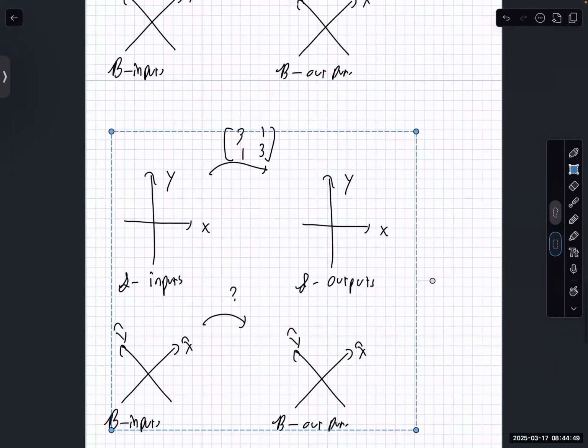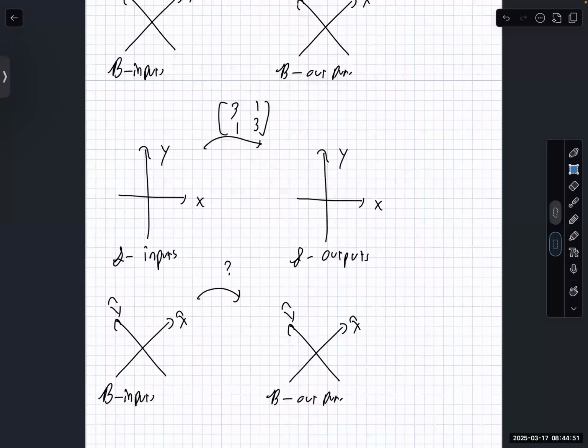Let's do a specific example. So there's the 2, 4 input.